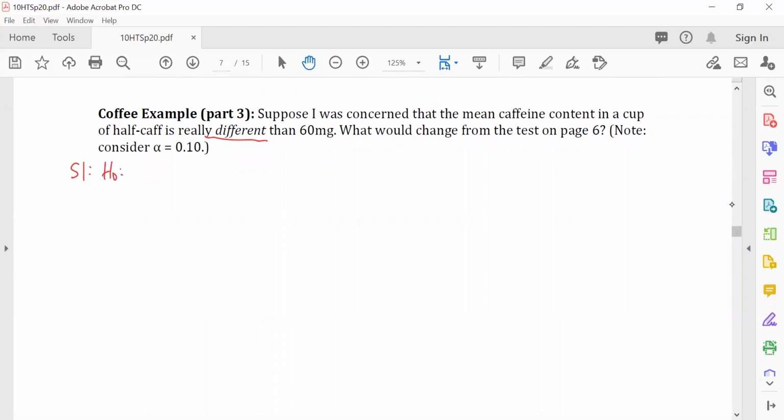The first step is to establish the null hypothesis and alternative hypothesis. The null hypothesis is always going to be with the equal sign, and the alternative hypothesis is what the research question is. Now, we are suspecting that mu is really different from 60.